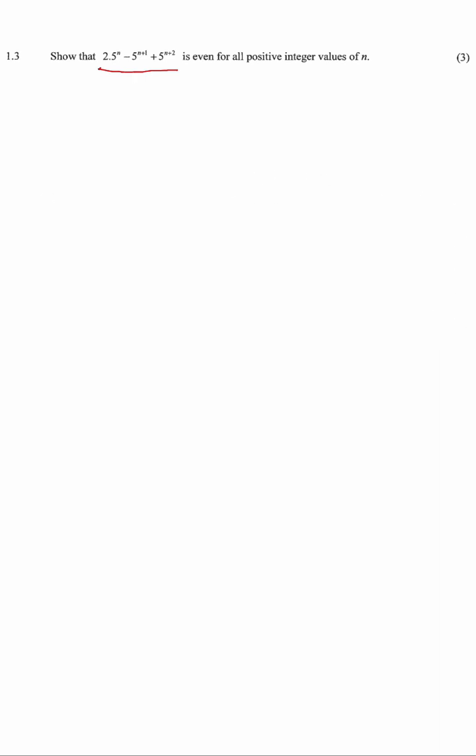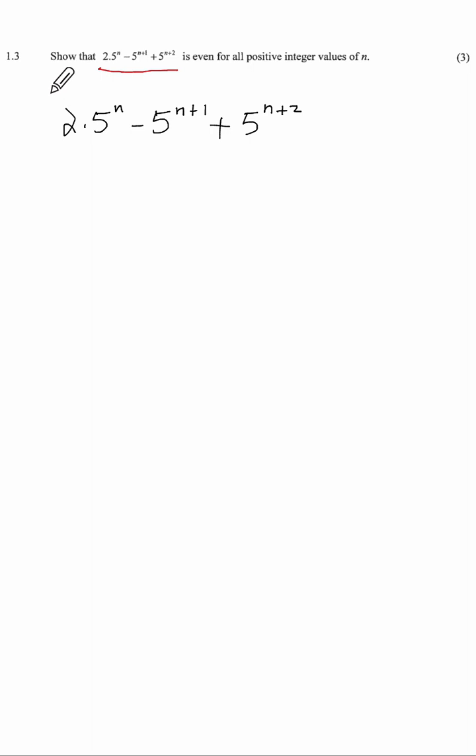So now let's apply that thinking to this here. There is a bit of laws of exponents that we have to apply. So I have 2 by 5 to the power of n minus 5 to the power of n plus 1 plus 5 to the power of n plus 2.